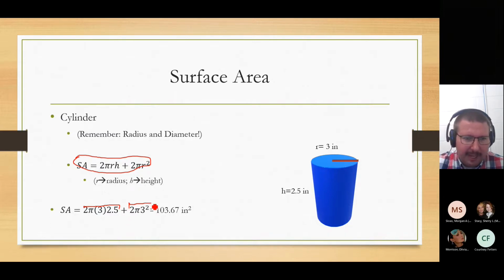And then the other side, 2 pi times your radius squared. Enter that, find out what that is. Write that down on your piece of paper. And then you add them up together.